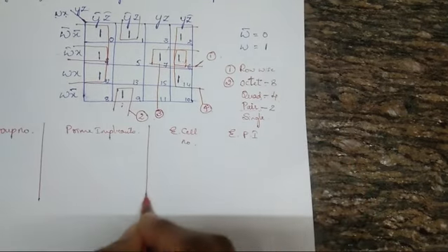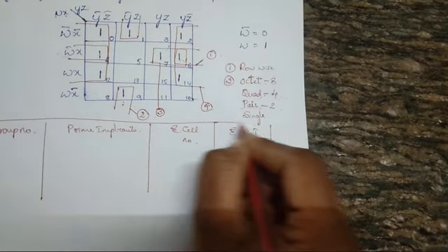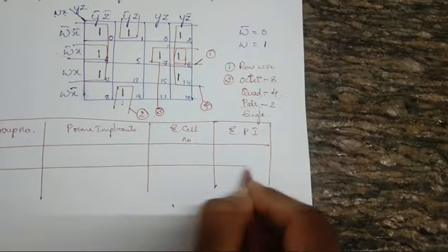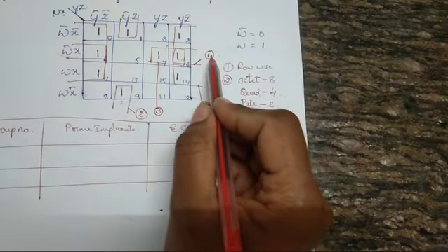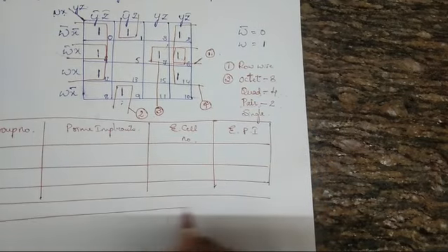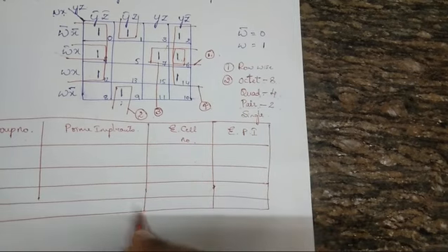So I'll have 4 columns. Here I have got 4 groups, right? 1, 2, 3, 4. So I'm making a table which has the 4 groups.